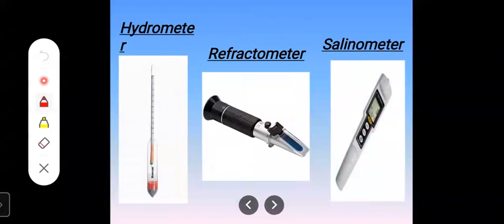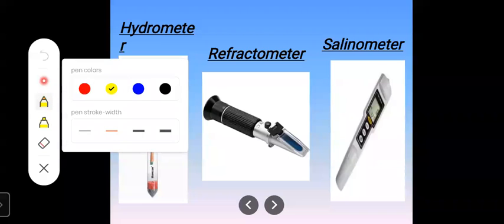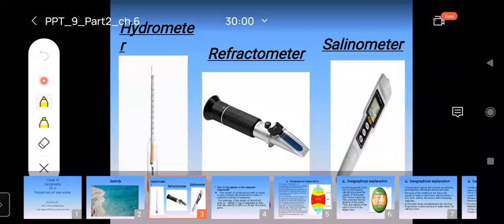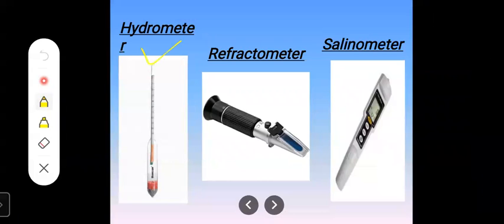Now see here. You can see the 3 instruments. The first is hydrometer. Second is refractometer, and third is salinometer.